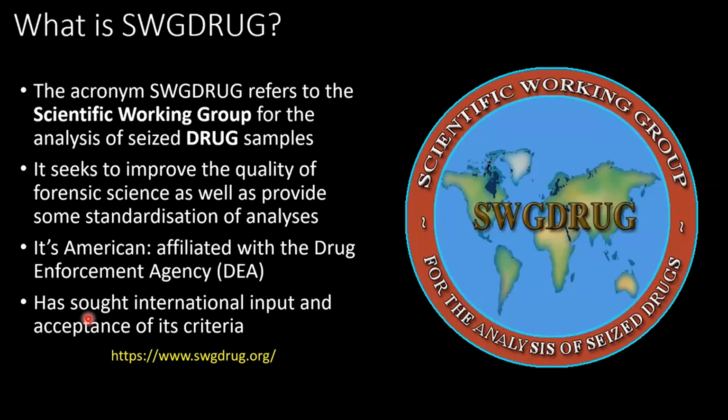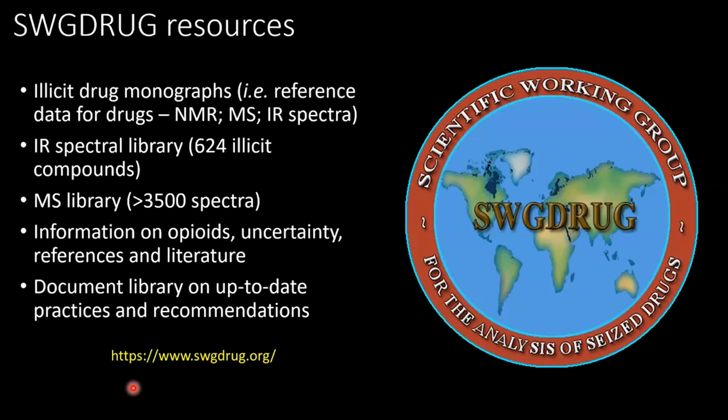And the website for SWGDRUG is shown here. If you actually go to that website, you'll find various resources. Some really good ones include illicit drug monographs. So that's a combination of different characterization outputs, such as reference data for illicit drugs, which includes NMR spectroscopy, mass spectra, infrared spectra. To dig down into that, the infrared spectral library contains 624 illicit compounds.